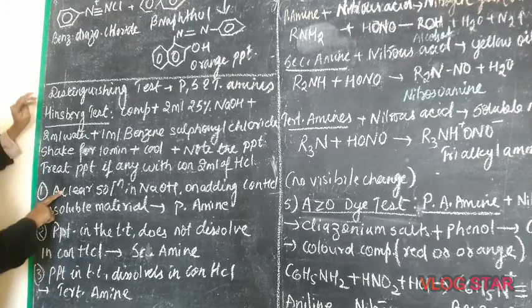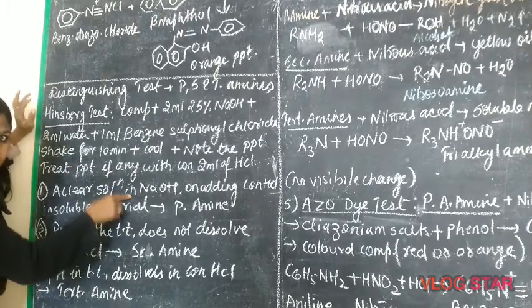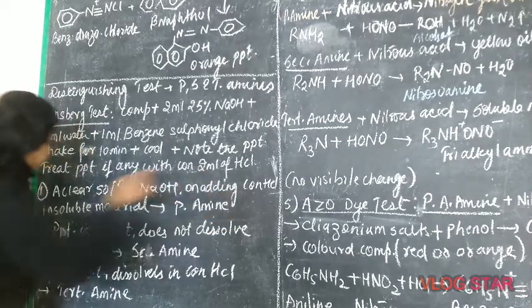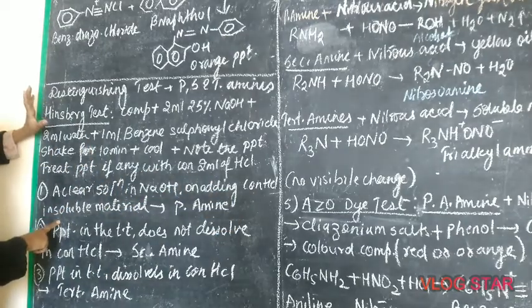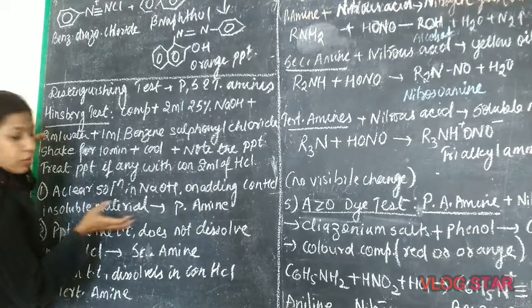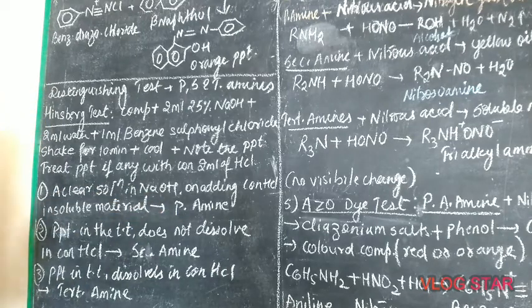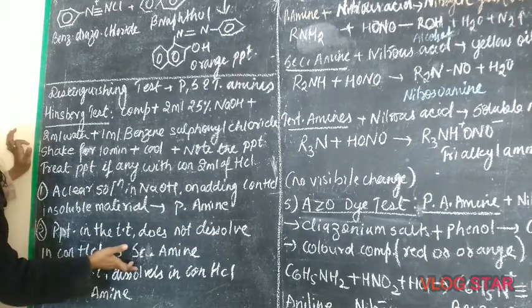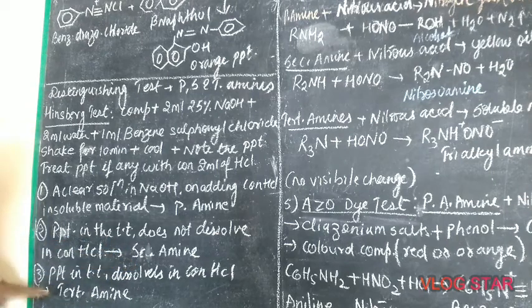If you get a clear solution on doing this procedure, and on adding concentrated HCl to that clear solution an insoluble material is formed, it is primary amine. If you get a precipitate and that precipitate does not dissolve in concentrated HCl, then it is secondary amine. If you get a precipitate and that precipitate dissolves in concentrated HCl, then it is tertiary amine.